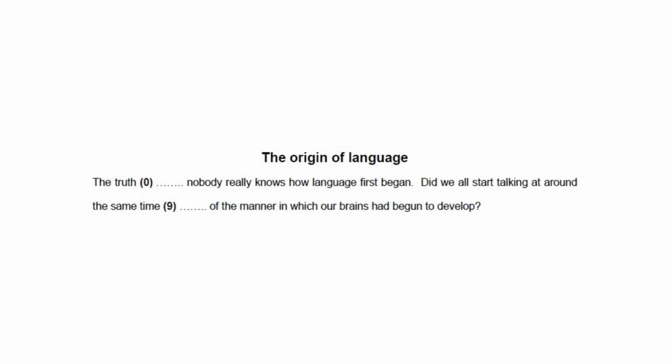When we look at the sentence with gap number 9, we can see that there is a causal relationship between our ability to speak and the development of the human brain. Right after the gap, it says of the manner, and the only linking expression that expresses reason followed by of and a noun phrase is because.